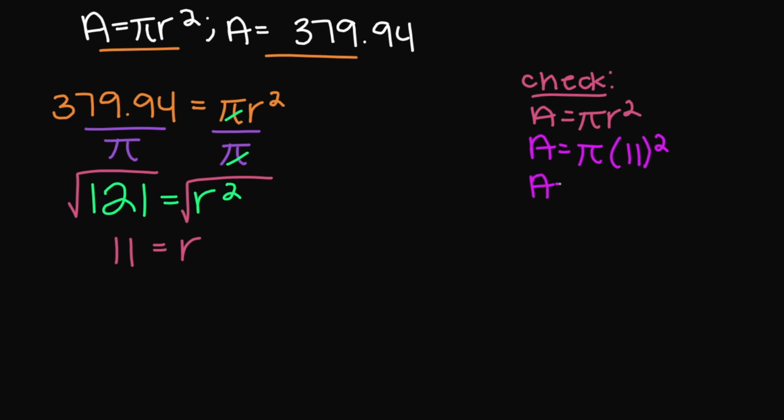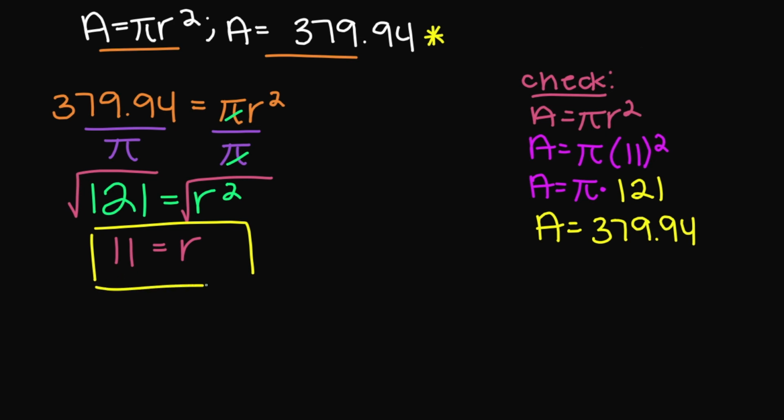So you have A equals pi times 11 squared. This is going to give you 121. So 121 times pi, this is going to give you 379.94 as your answer. And since I did get the same answer here for my area, then I know my radius of 11 is the correct answer.